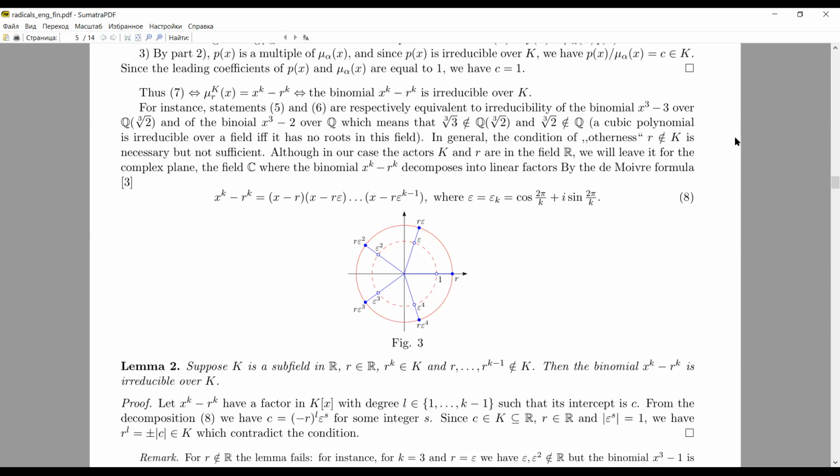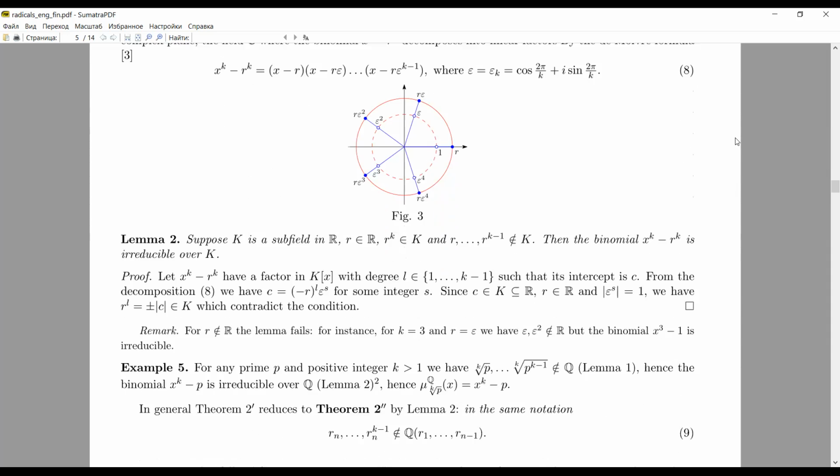Using that, we can prove the following lemma, lemma 2, or problem 4.6 in the project. Let K be a subfield of R, r a radical, and k the minimal number such that r to the power k belongs to K. In this case, our binomial is irreducible over K.